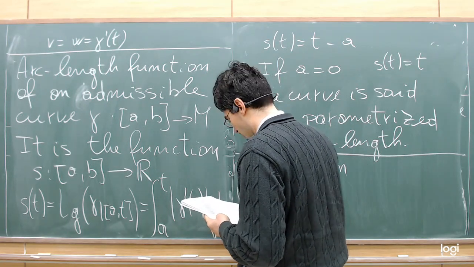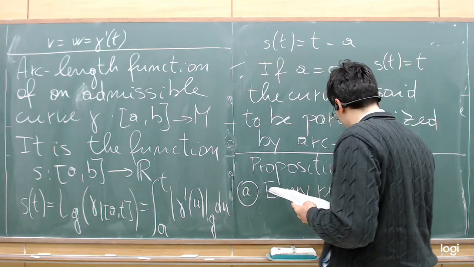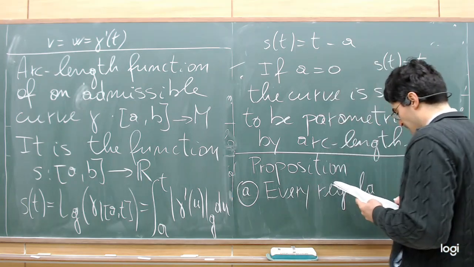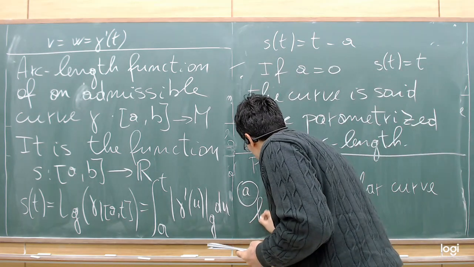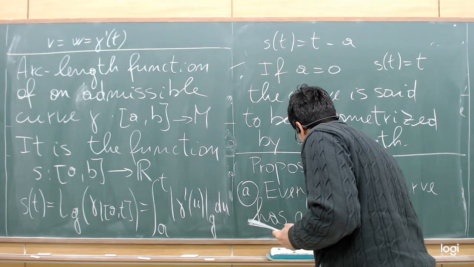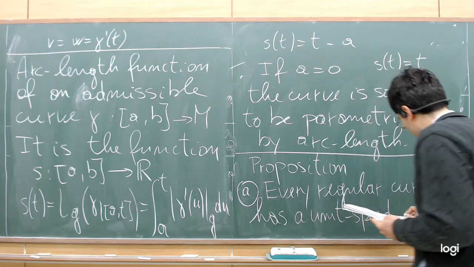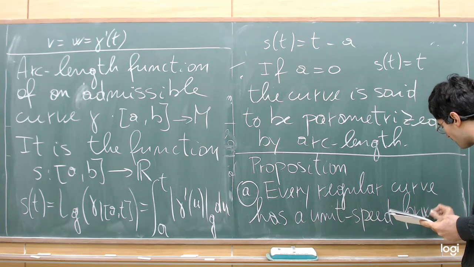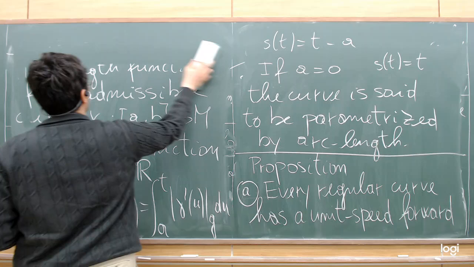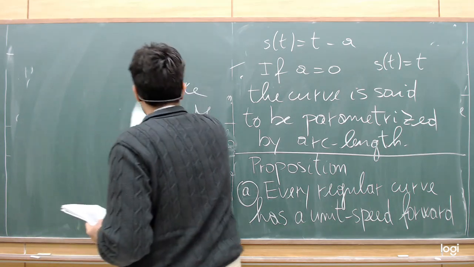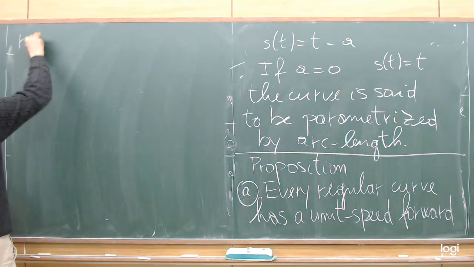A, every regular curve has a unit speed forward reparametrization.